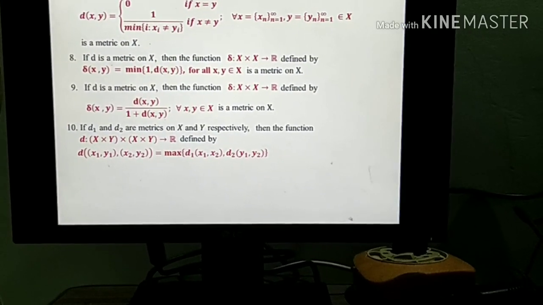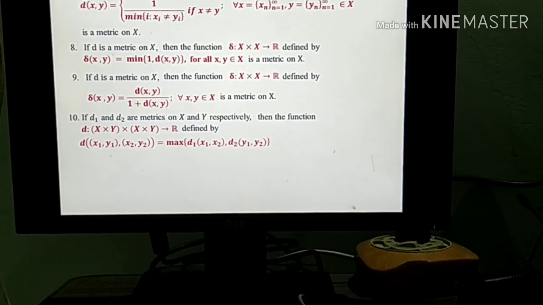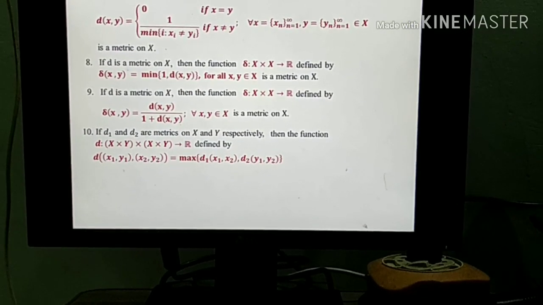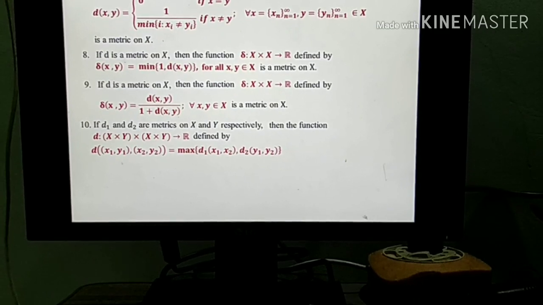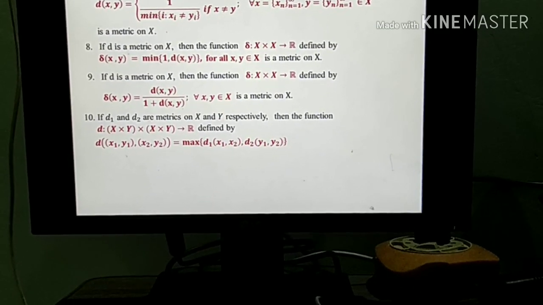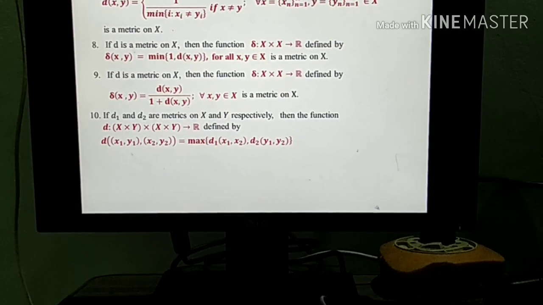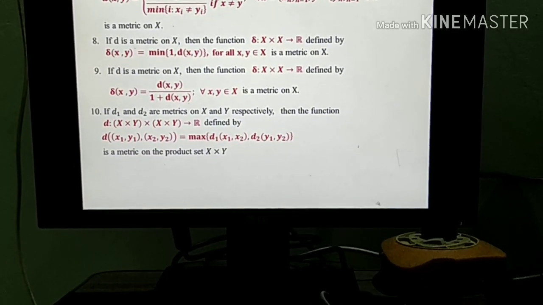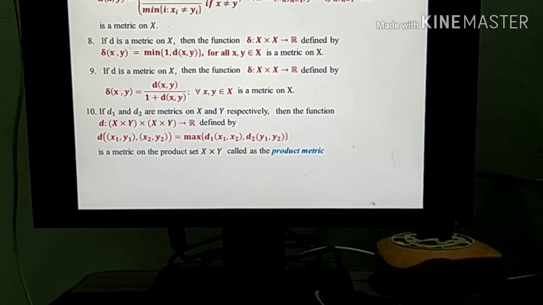Similarly we can verify the fourth property, the triangle inequality, for this function d, and therefore d is a metric on X cross Y. As it is a metric on the Cartesian product of X and Y, it is also called the product metric on X cross Y.